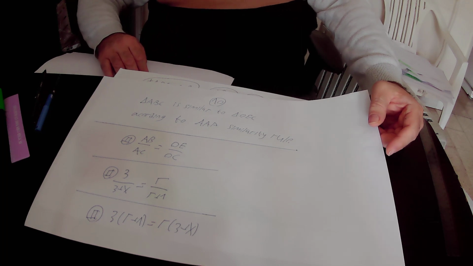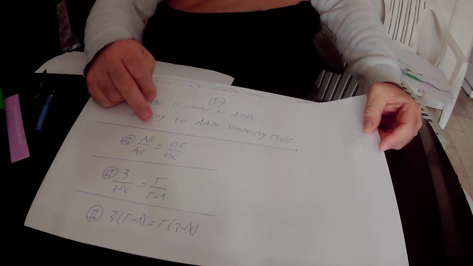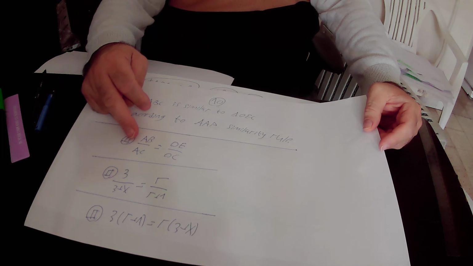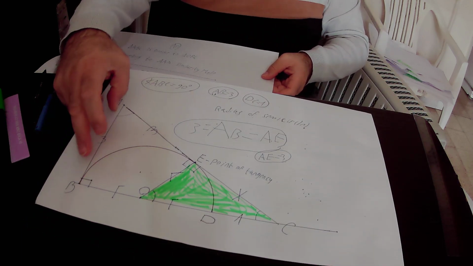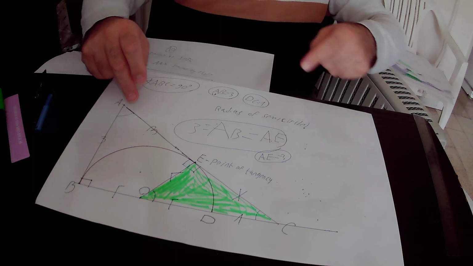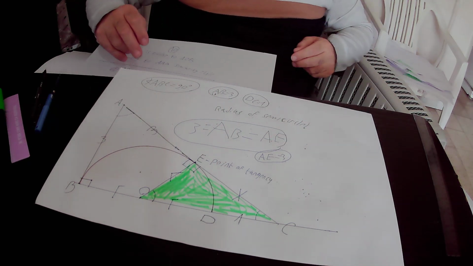Okay, and from the fact that triangle ABC is similar to triangle OEC, we can conclude that AB over AC in triangle ABC equals OE over OC in triangle OEC.